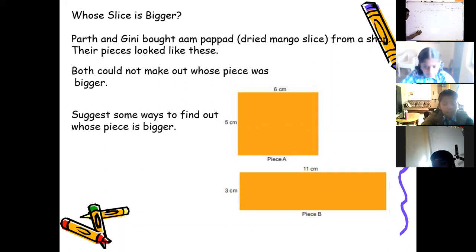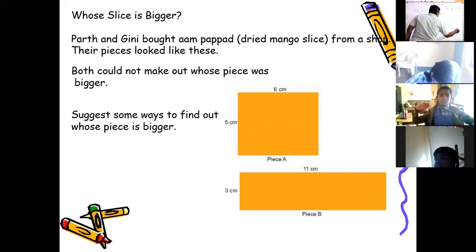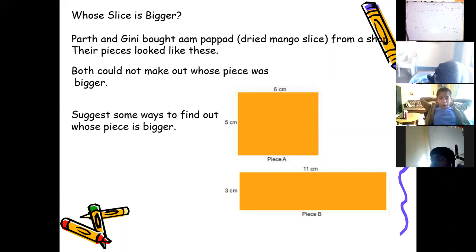B1 is bigger. A's perimeter is 22 centimeters and B's perimeter is 28 centimeters. The second one has more perimeter when compared to the first one. That's all.